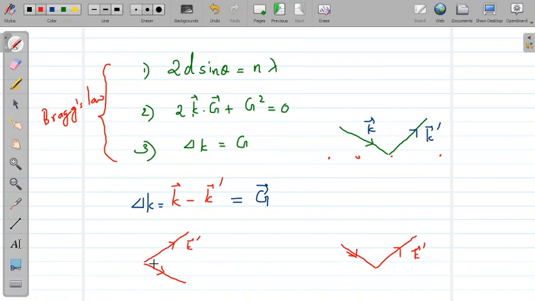I haven't changed the magnitude and direction, I have just moved the vector. So the vector connecting the endpoints will correspond to delta k, because that is the difference between k bar and k dash according to the triangle law. And if this delta k happens to be equal to g bar, then Bragg's condition is satisfied and you will get a bright diffraction pattern.